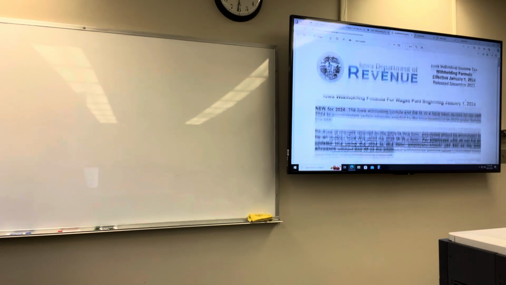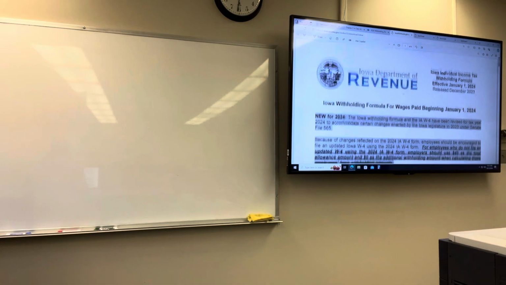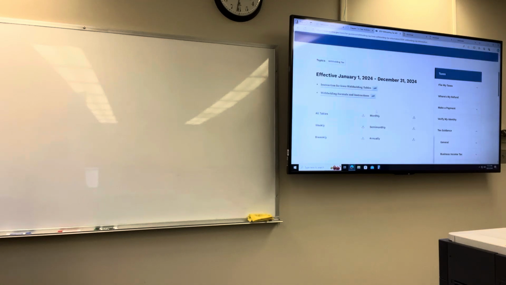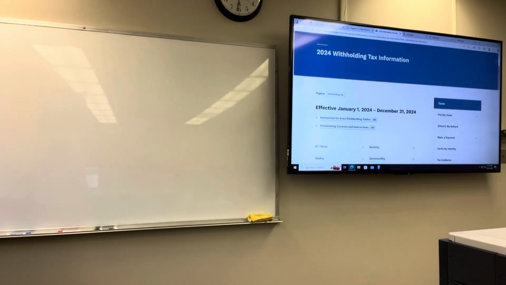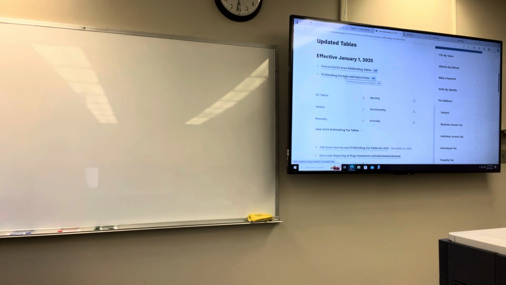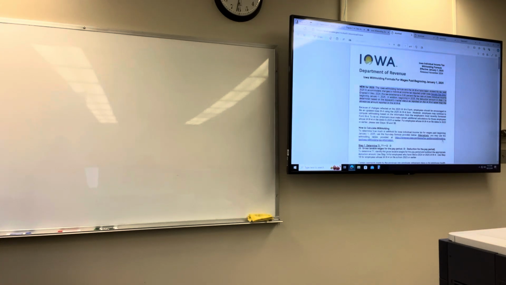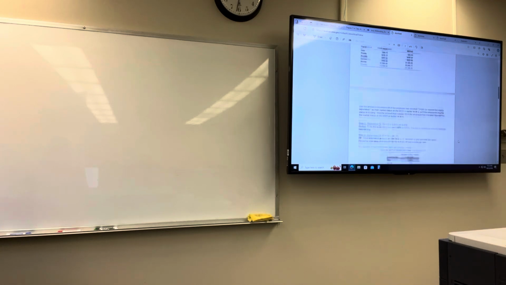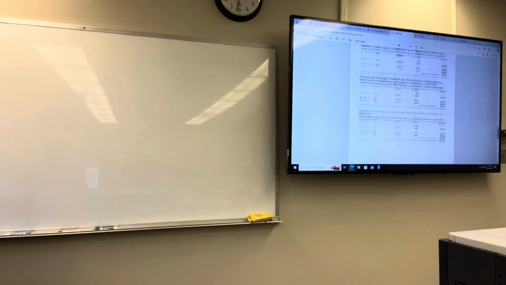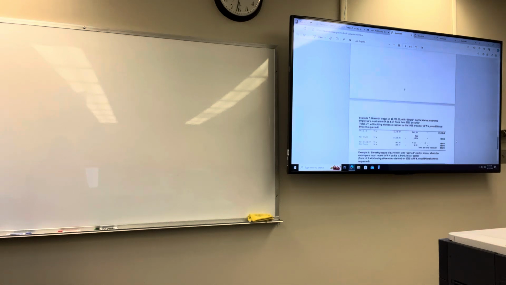So just out of curiosity though, what I want to do, so we see these are the brackets in 2024. We've got 4.4%, 4.82%, and 5.7%. Let's look at 2025. Oh, they've presented it a little bit differently here.